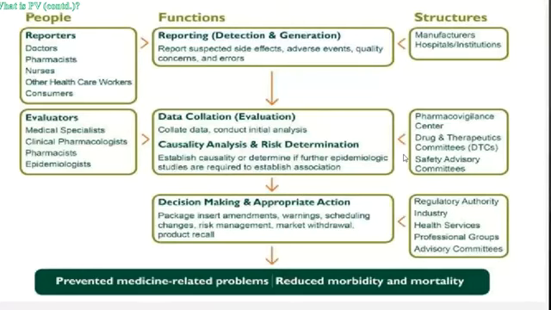They exchange their experiences, problems, areas of improvement, and limitations, and everything comes up in common. That's why plenty of conferences take place, and there are plenty of opportunities to share experiences, which is how they come to a consensus and develop a strategy. This prevents medicine-related problems and reduces morbidity and mortality.